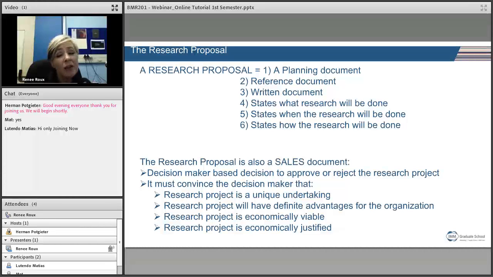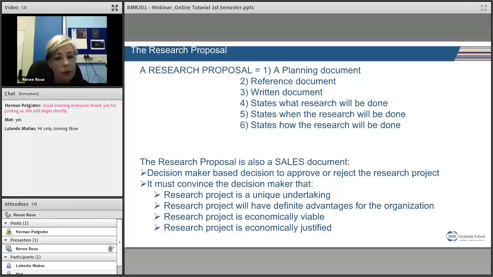If during the research process there are queries, you will go back to your research proposal because it's your reference document. If you want to duplicate the research at a later stage, that's your reference document. So your research proposal is extremely important. And it's always a written document, always, always.